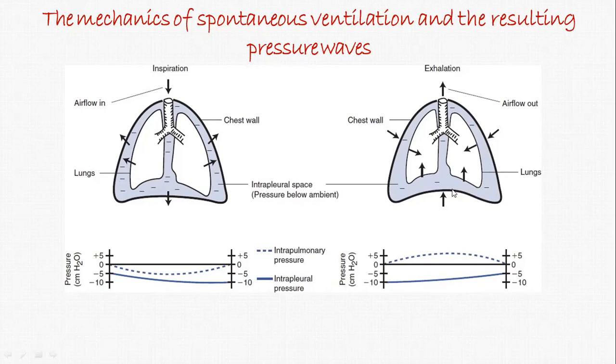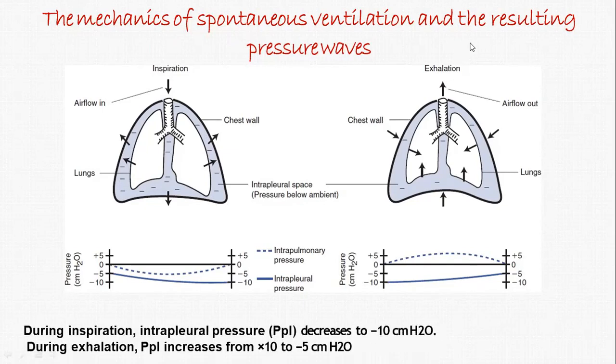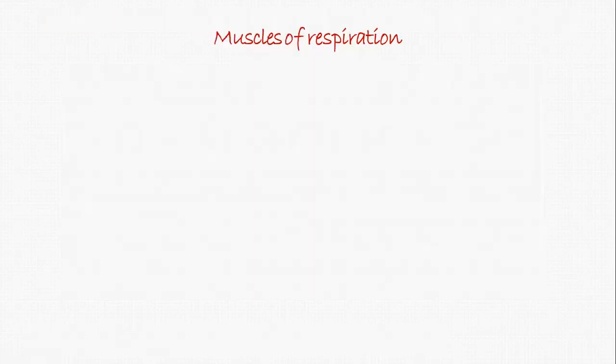Whereas during exhalation, the mechanics will be activated in the opposite direction, and they will create a positive pressure compared to the nasal opening, and the air will flow out during exhalation. So this is what is happening during the process of ventilation.